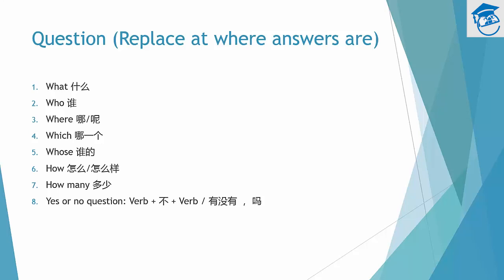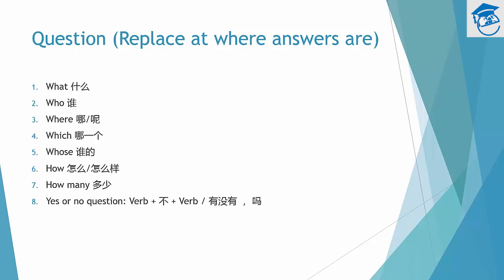But the different verb is 有, the verb to have. To ask if you have something, you add 有没有. So 有 is a rather special one. You ask 有没有, not 有不有. Of course you can also use 吗 in a yes or no question.